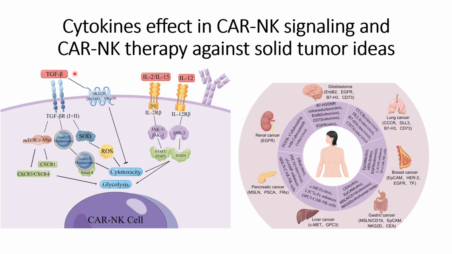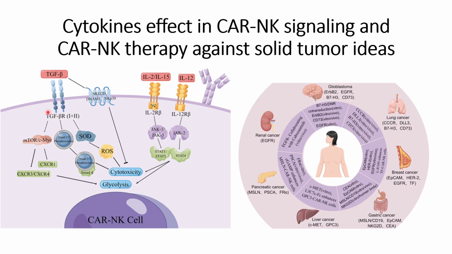In the previous video, we discussed the effect of the receptors. Here we will discuss the effect of the cytokines that are usually released by the tumor cells on the CAR-NK cells. Solid tumors are surrounded by a tumor microenvironment, and the tumor microenvironment most of the time contains TGF-beta.